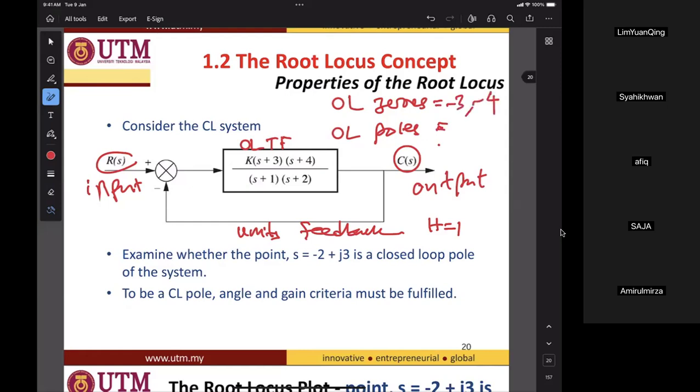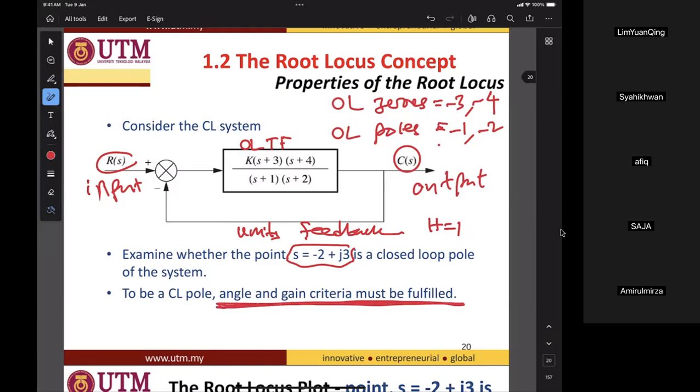What is the value of open loop poles? -1 and -2. So you are given one test point, which is -2 plus j3, as a closed loop pole value. Check whether this point is on the root locus or not. In order for -2 plus j3 to be on the root locus, it must satisfy the angle and gain criteria.